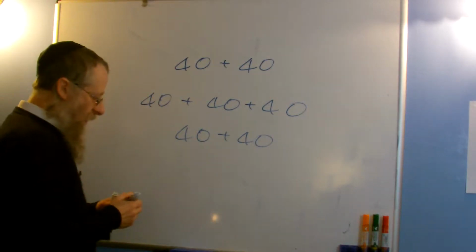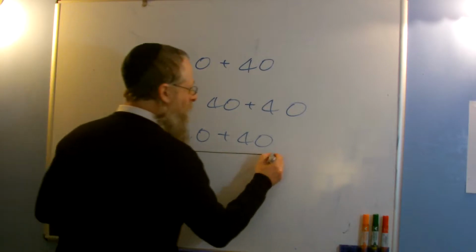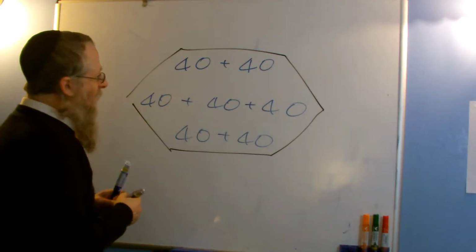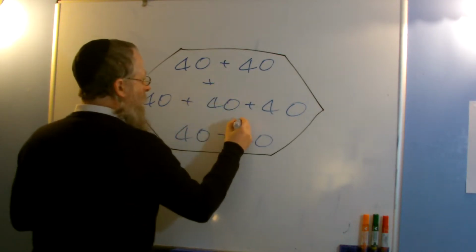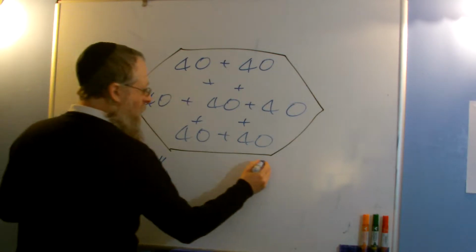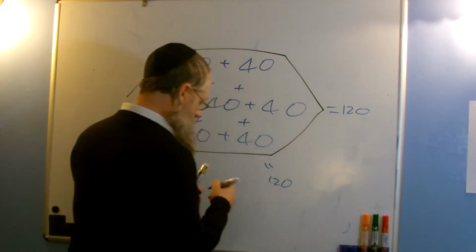Okay? And that is in the shape of a hexagon. And if I were to add the diagonals of that hexagon, I'll get 120, 120, and 120 all the way around.